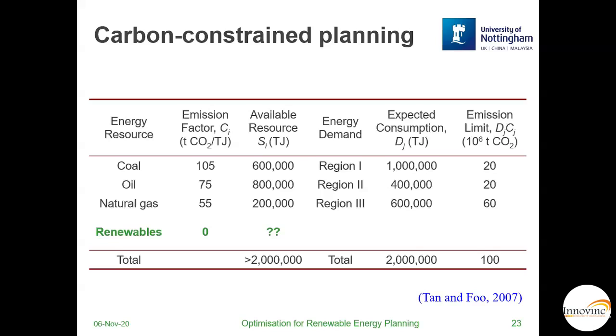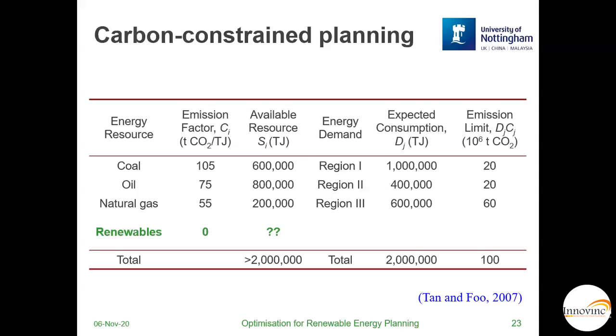You can see in the last column the emission limits for each of these regions. The moment we pair or send the energy sources to the region, we should not exceed the emission limits set by all the regions. The total emission limit, if you add up the 3 regions, should be 100 million tons CO2.